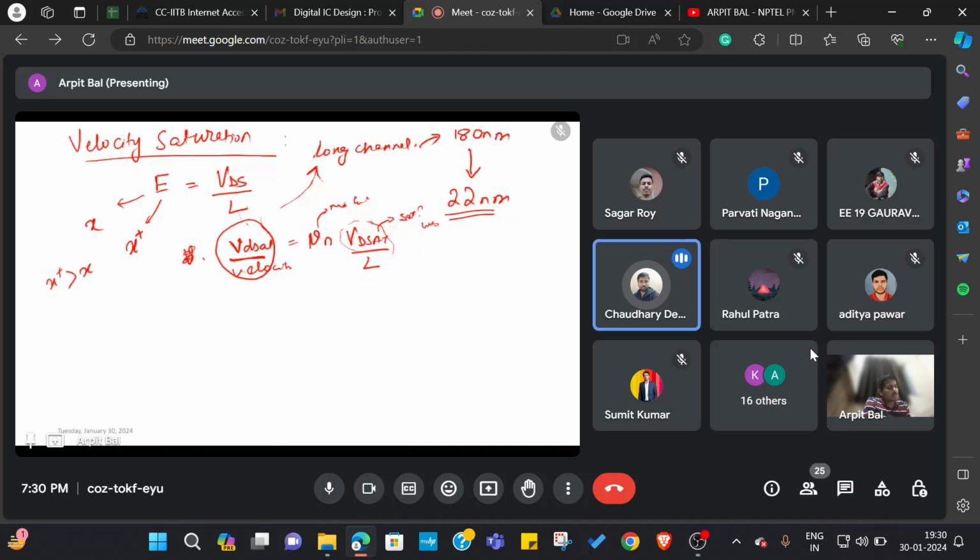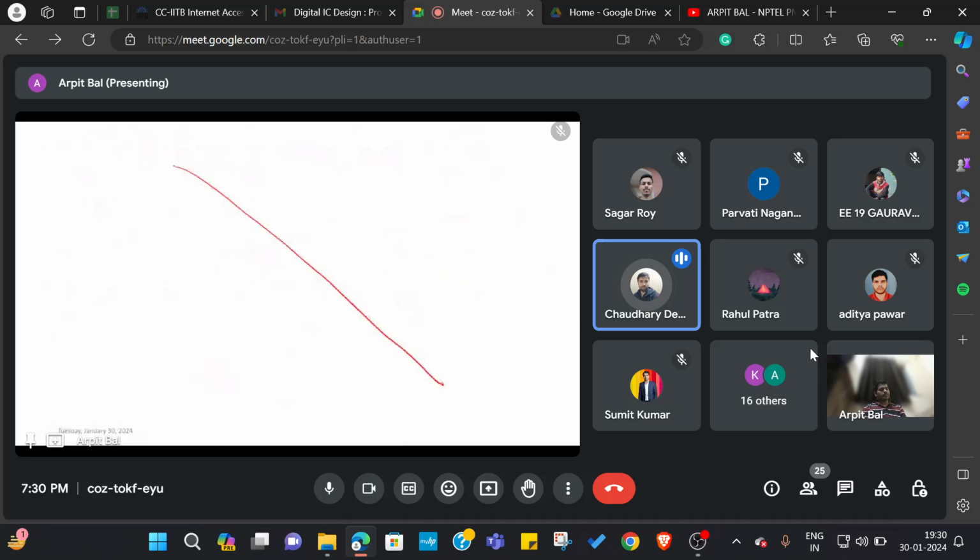For the minimum in NMOS, we found the minimum of VGS minus VT, VDS, and the velocity term.